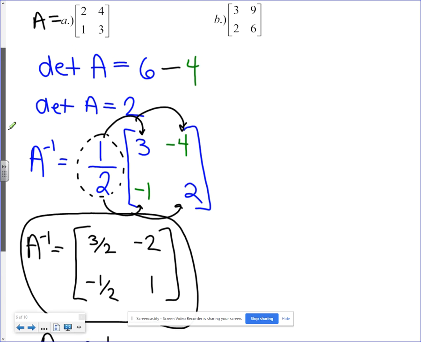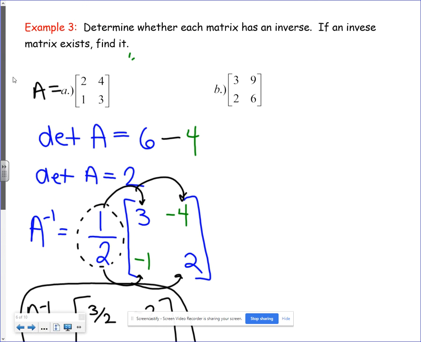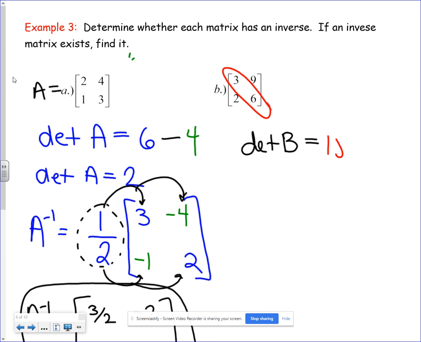All right, let's look at B. Let's find the inverse of this if it has one. So we've got to find the determinant first. So let's calculate the determinant. 3 times 6 is 18.